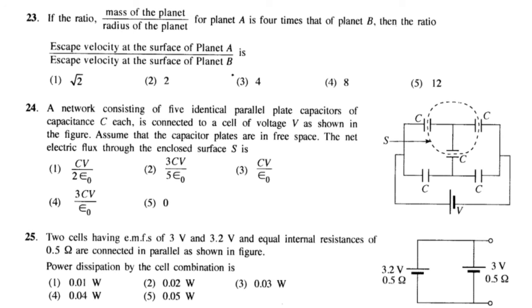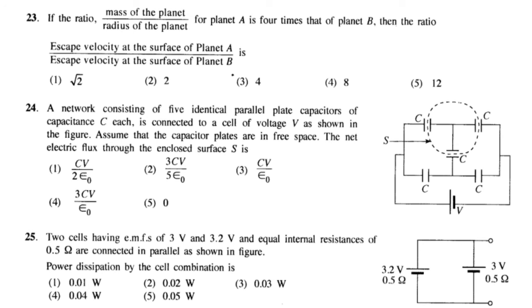In one plate it is plus Q and the other plate minus Q. So each of the capacitors has plus Q and minus Q. When you look at this space, you can see minus Q and plus Q. So the total charge is 0. So Q over epsilon naught is 0. Then the answer is 0. Answer is 5.